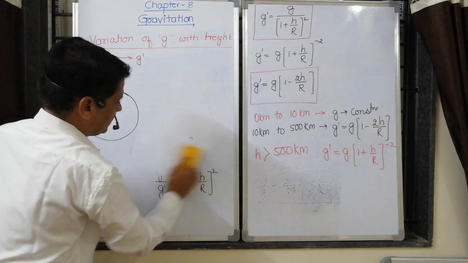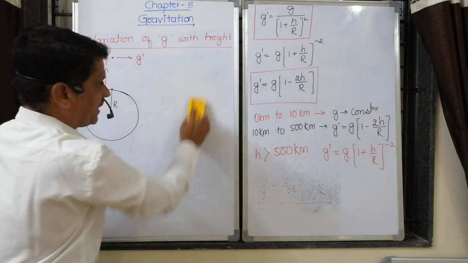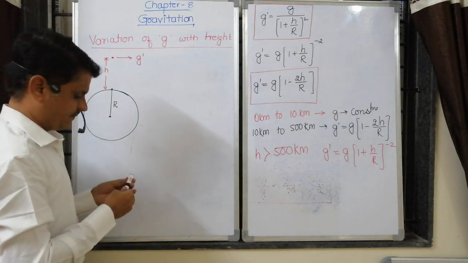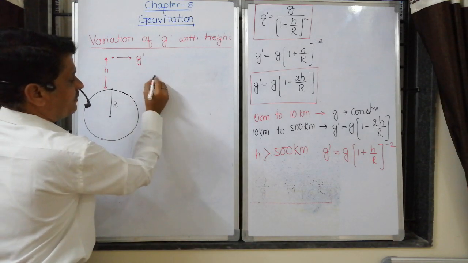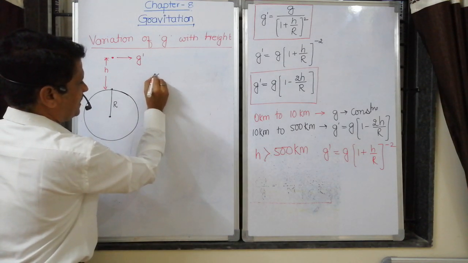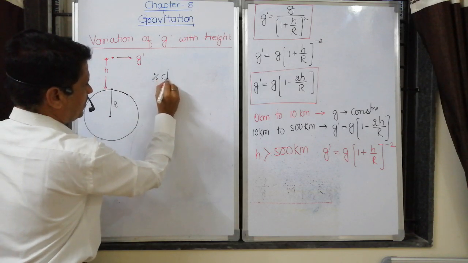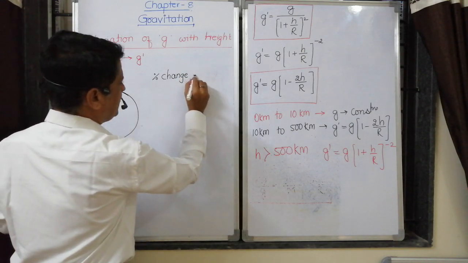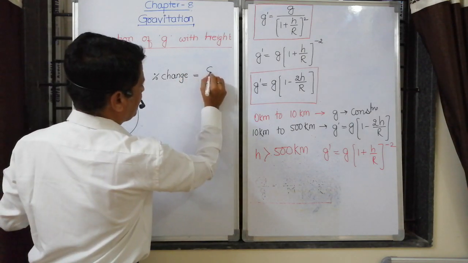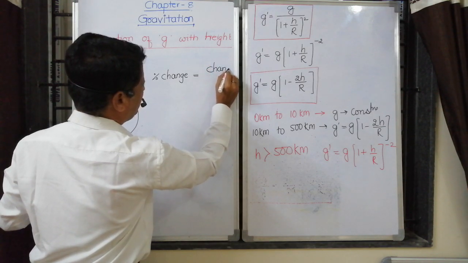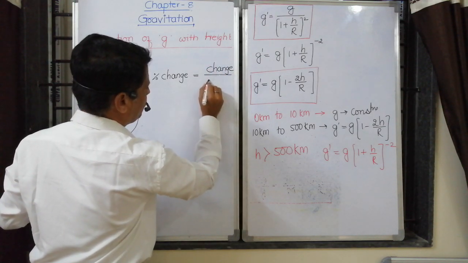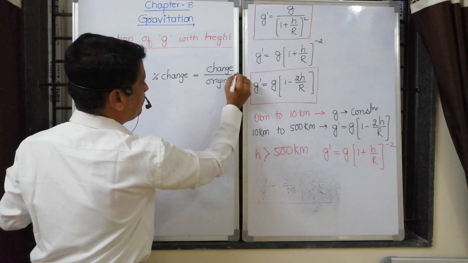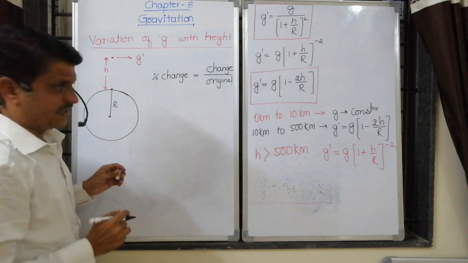Now for finding the percentage change in g, actually a standard formula for percentage change, I gave earlier topics. Percentage change is equal to change in the value divided by original value multiplied by 100.